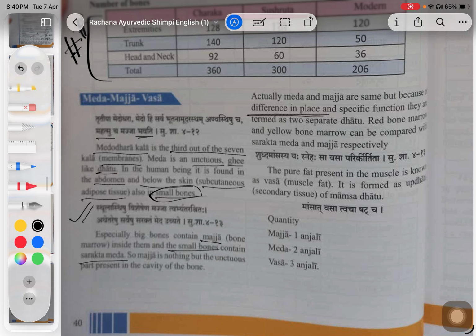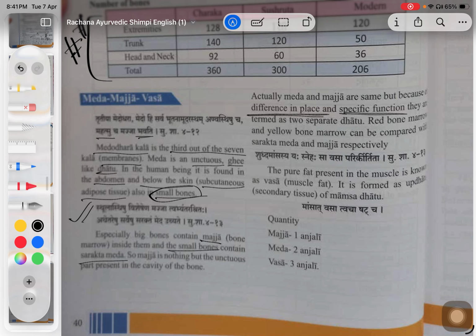So small bones med, you can learn like med has fewer letters, so it is present in small bones. But majja has more letters, so it is present in larger bones, right?